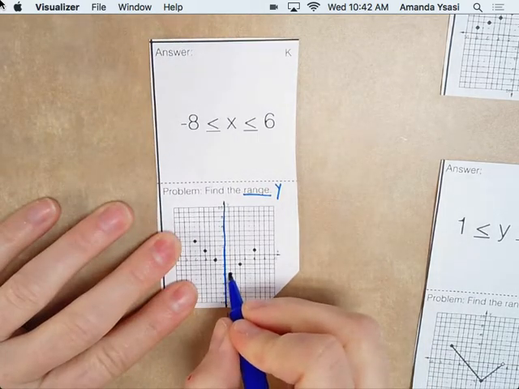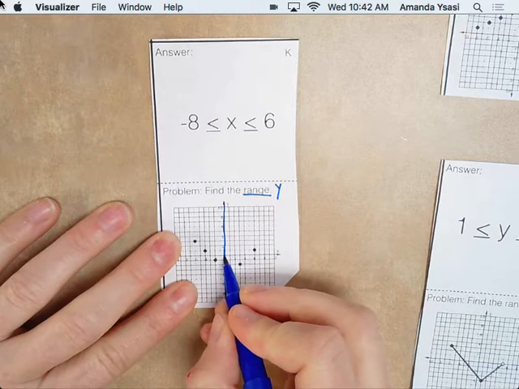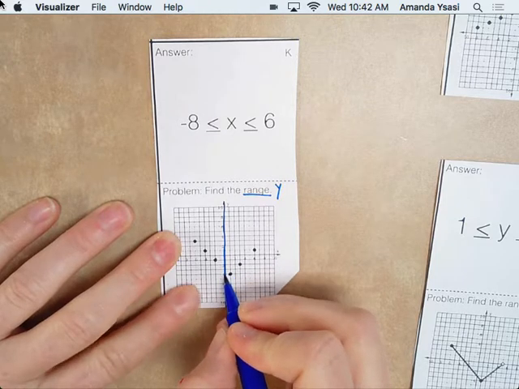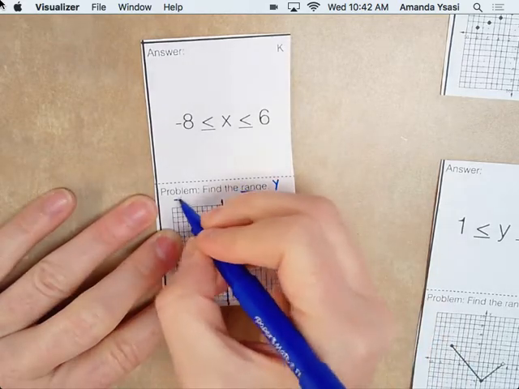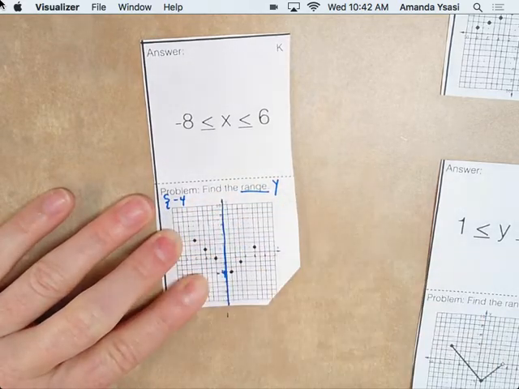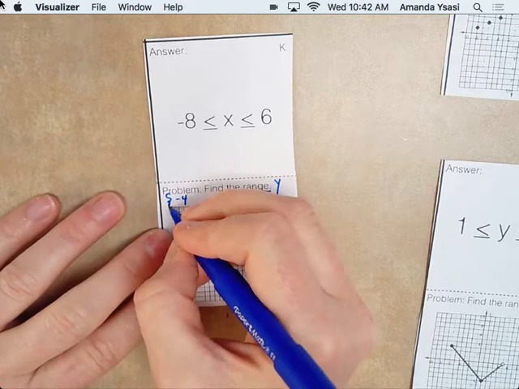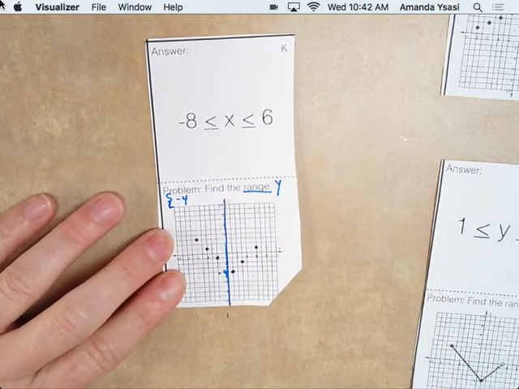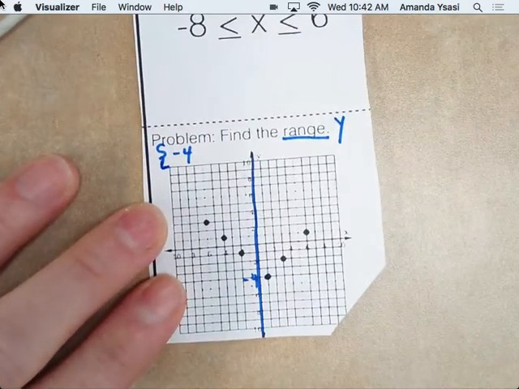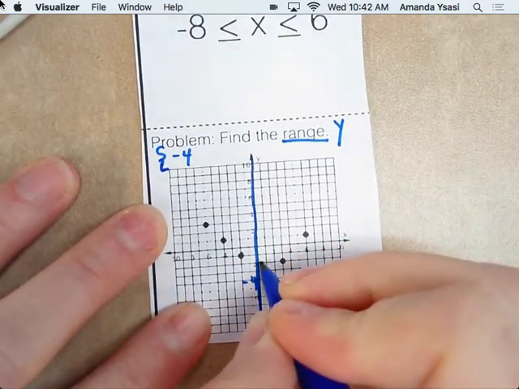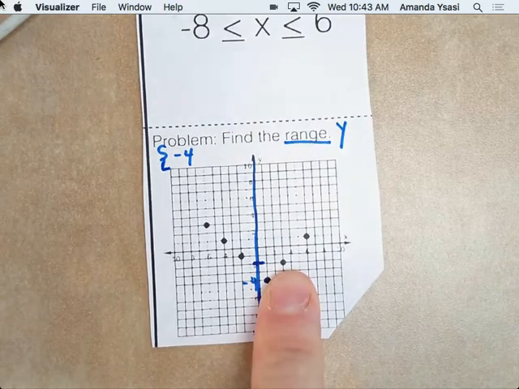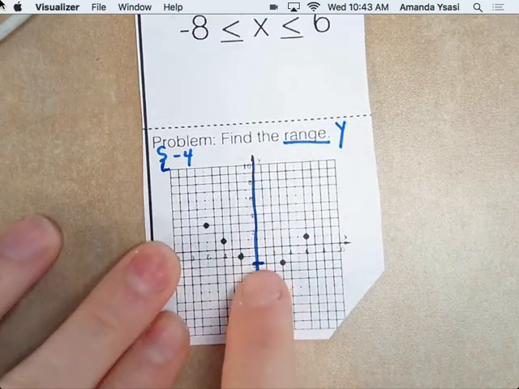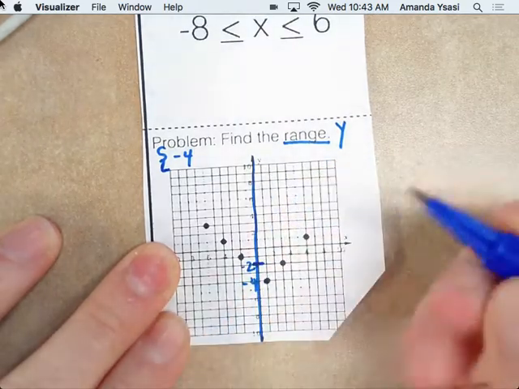So there's a point. What's the Y value for that? It's actually going by 2, so that's -2. It's a -4. So -4 is the first. Since it's discrete, we're going to have just a set of numbers inside the braces. And then our next one is right here. That point, so what's the Y value of that point? How far down did it go? -2.